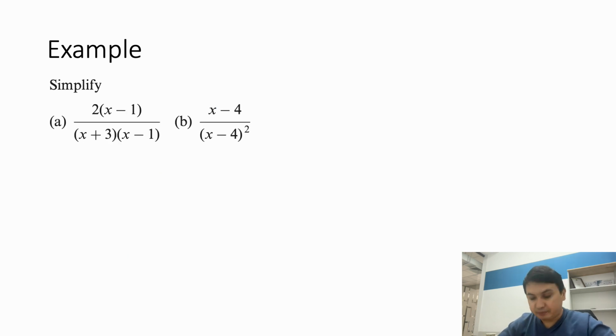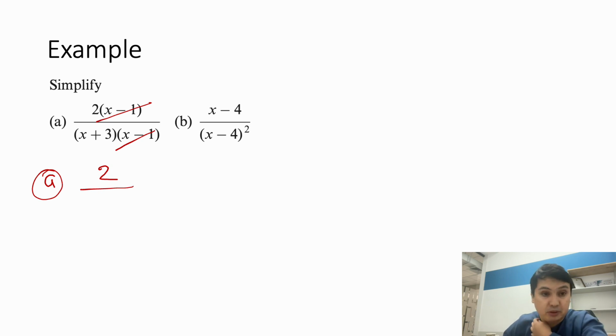Okay, now I have 2 examples, so let's do A. What do we see from A? Well, I have x minus 1 and x minus 1 terms in common, so I can simply cancel. I am left with 2 in the numerator, and in the denominator I have the x plus 3 term, right? How about B? What is common in B?